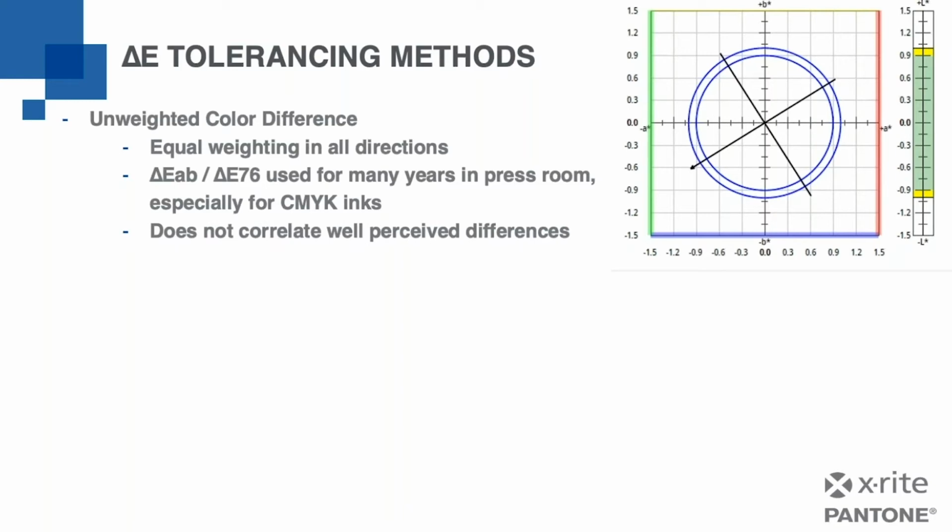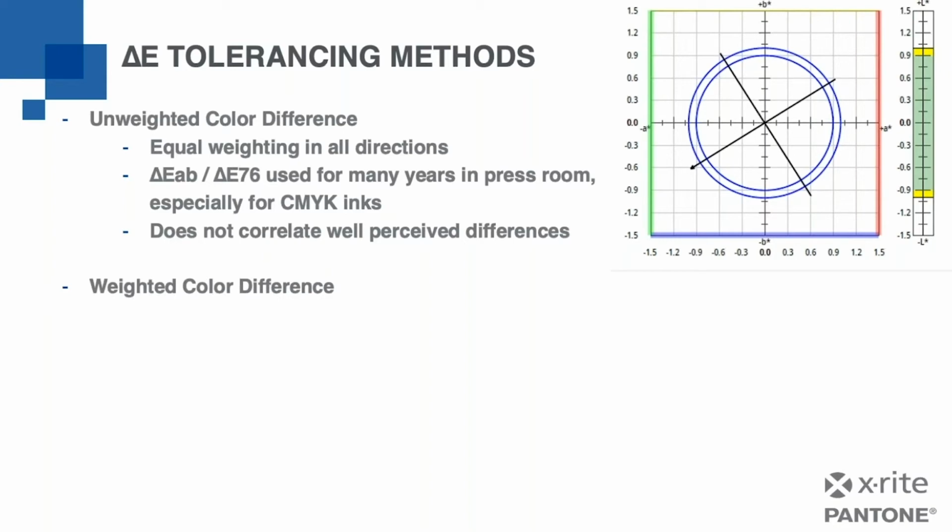However, it doesn't correlate very well with perceived differences in color. In some cases, you may look at something and it looks like there's a big difference in color, but the numeric values tell us it's a small difference, or vice versa.